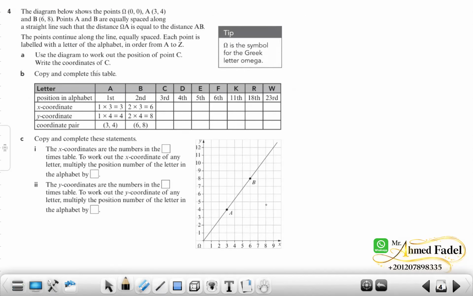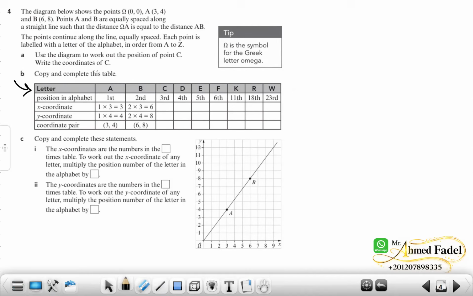Question 4: the diagram below shows the points O at 0, 0, A at 3, 4, and B at 6, 8. They are telling you that the points continue along the line equally spaced. Completing the table, for the first letter, A, you just multiply 1 by 3.